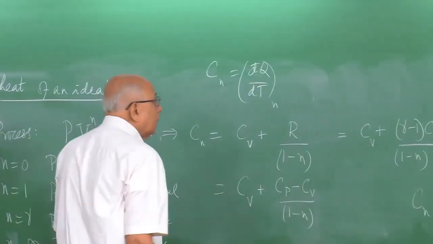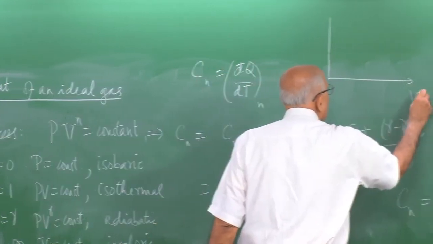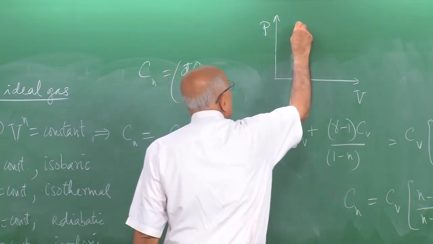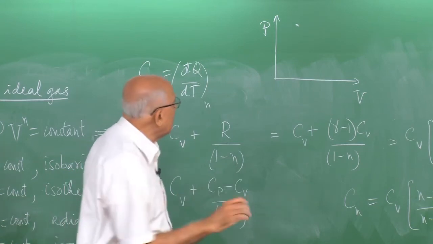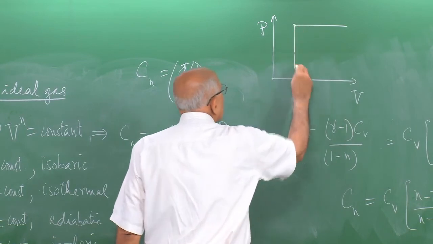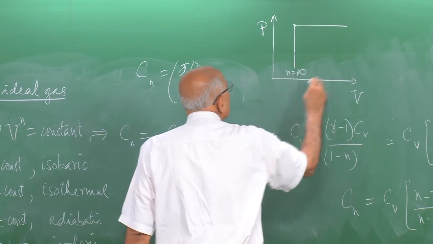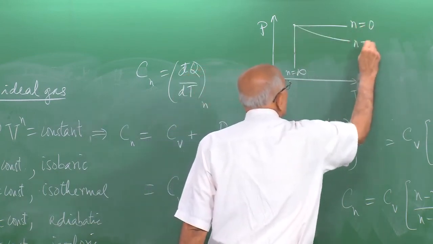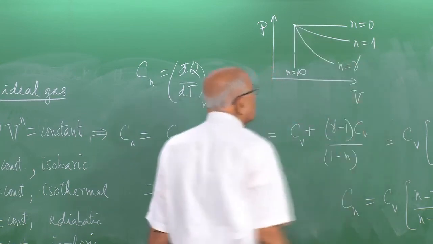So, all the 4 limiting cases, to go back to the PV diagram, here is V, here is P. Remember that if I start at this point and I talk only about the part of the process where the volume increases, or increases or remains constant, this would be n equal to infinity, this would be n equal to 0, this is n equal to 1, and this is n equal to gamma out here.